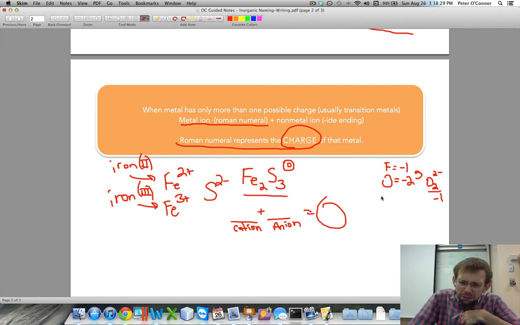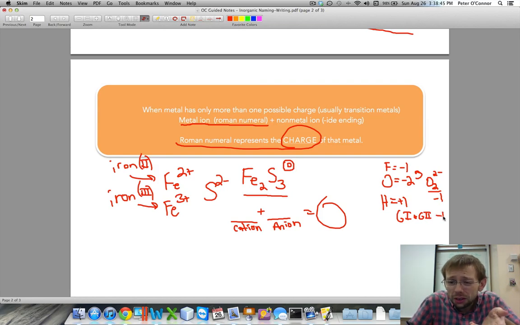Other than those two basic rules, know that hydrogen is +1 unless it's with an active group 1 or group 2 metal, in which case it's -1. So hydrogen's +1 with nonmetals, -1 with metals essentially.